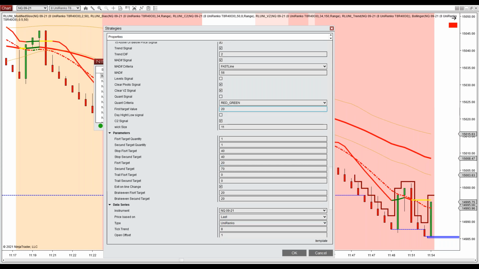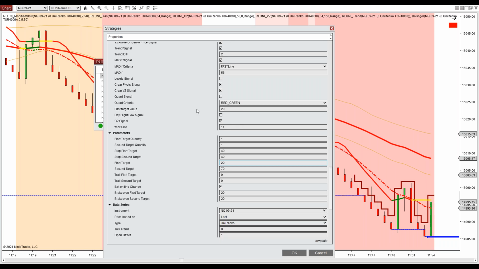So you want the entry to pivot to be at least equal to the first target. So it's got plenty of room, because as you approach the pivot, it's going to start to influence price. The pivot's not a discrete line, and as price begins to approach it, it's going to start running into trouble.